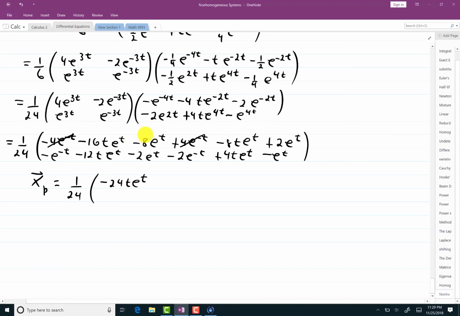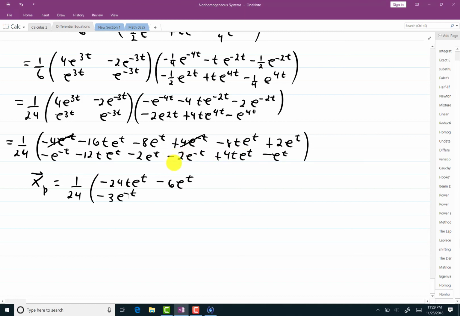And then I have minus 6e to the t. And then down here I have negative 3e to the negative t. And then I have negative 12t plus 4t.